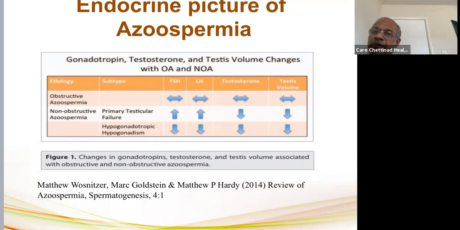In hypogonadotrophic hypogonadism, the problem is at the hypothalamo-pituitary level. These people produce low FSH, low LH, therefore low FSH and low LH in the serum. Low testosterone because the testis is not stimulated. The testis has not grown because of lack of stimulation, and they have small testis volume.